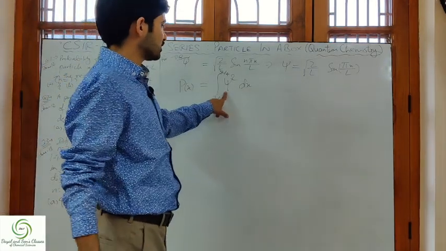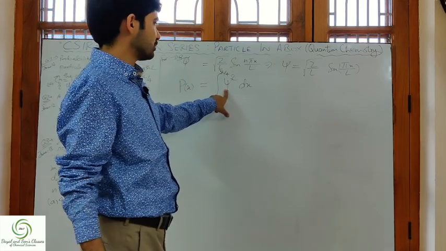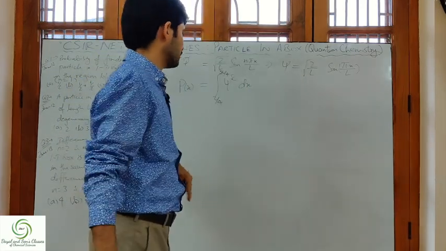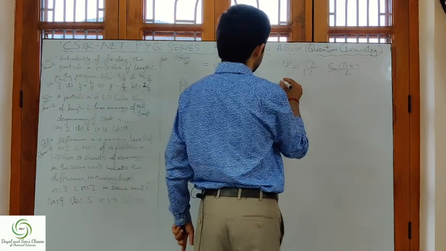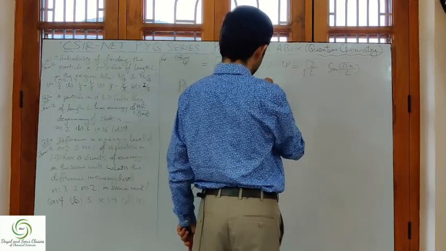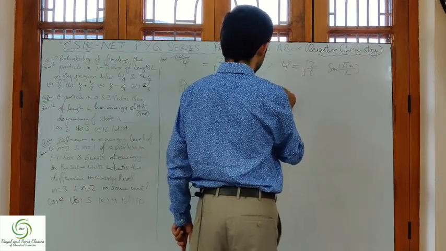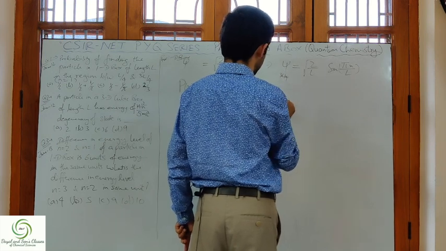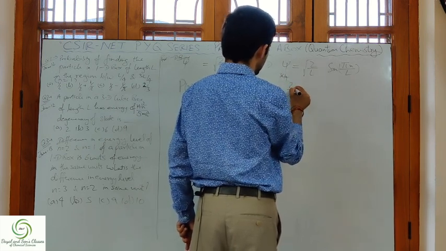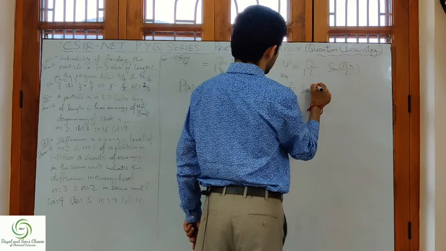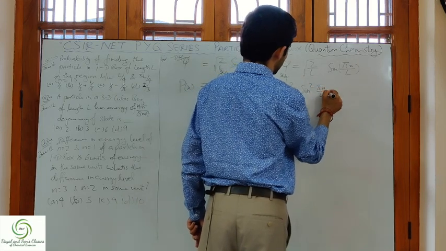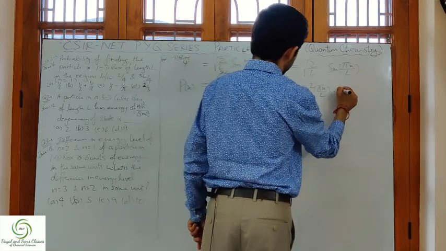Now I will put the value of psi from here. What I will get is the integral from L by 4 to 3L by 4 of 2 by L sine square pi x upon L dx.